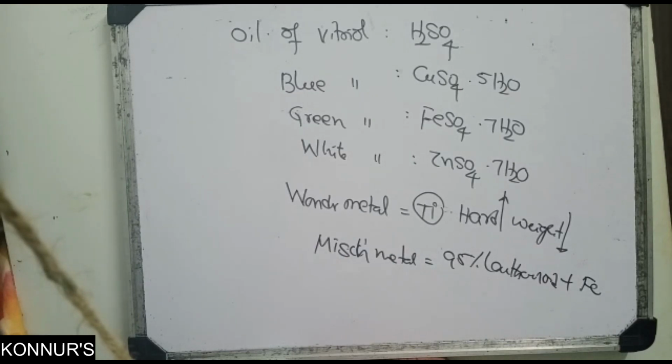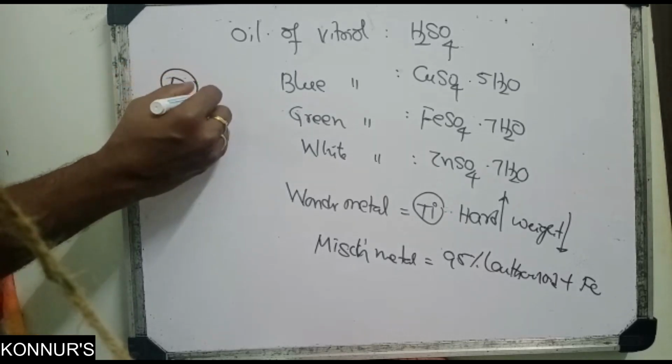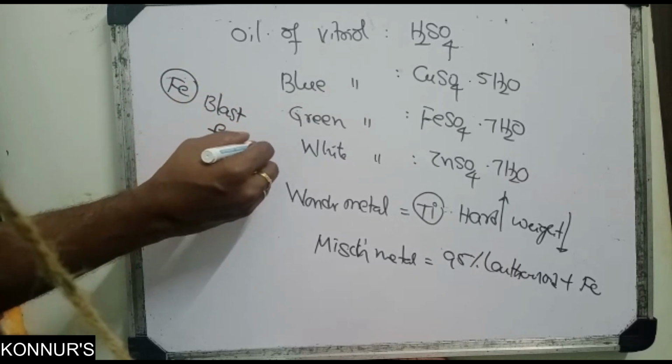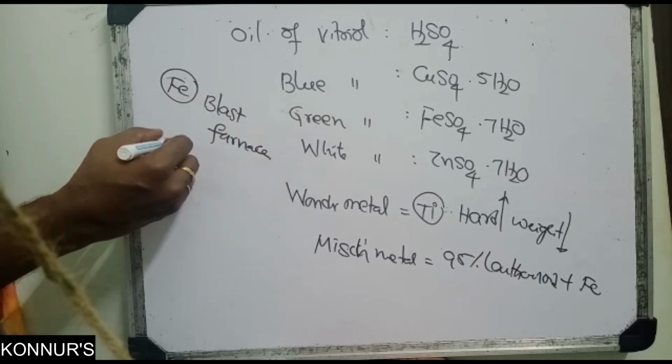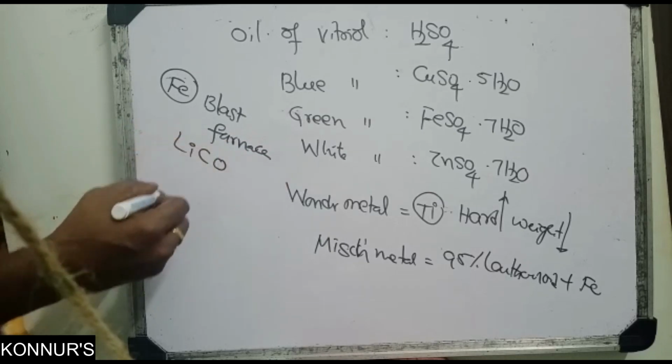So next, that nickel is purified in Mond's process by using what? Carbon monoxide. That is. So iron is extracted in what? Blast furnace. So what is that combination? We can add lico.